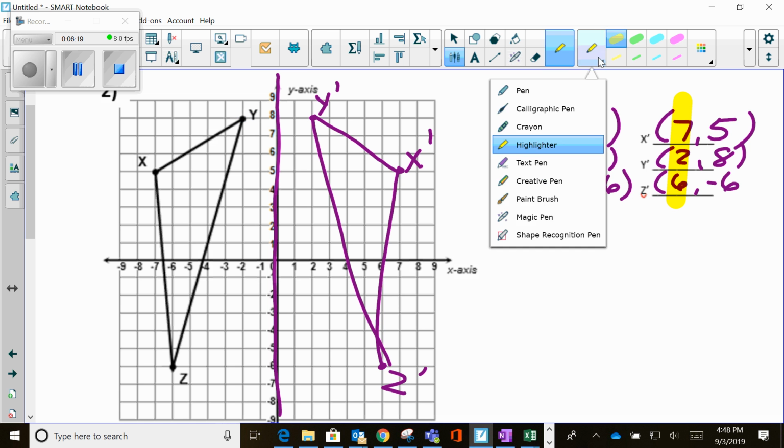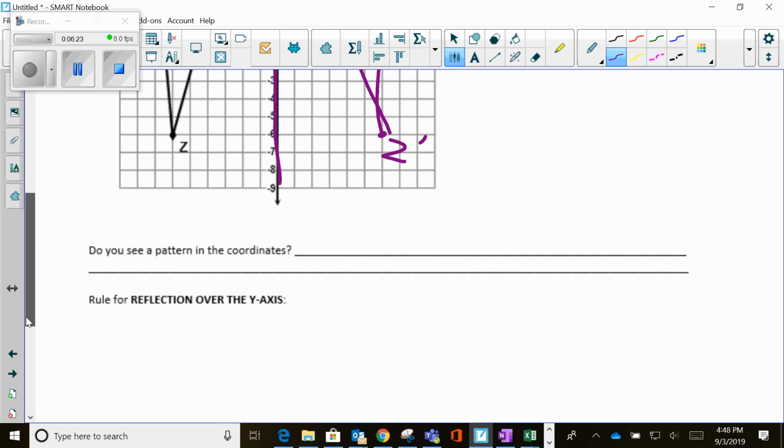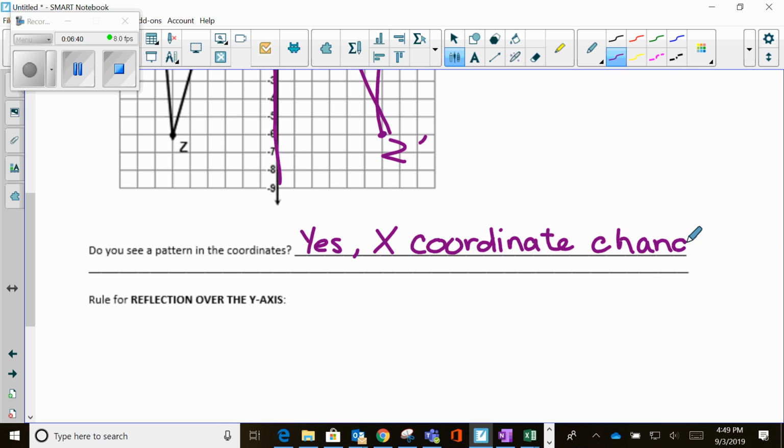So the rule that we have for the y-axis reflection is that yes, there is a pattern, and when we are reflecting over the y-axis, the x-coordinate changed signs to the opposite sign.